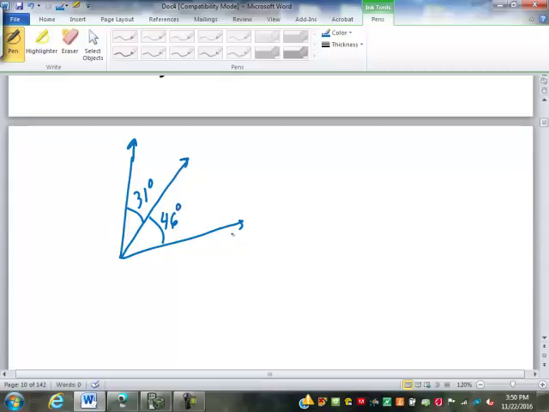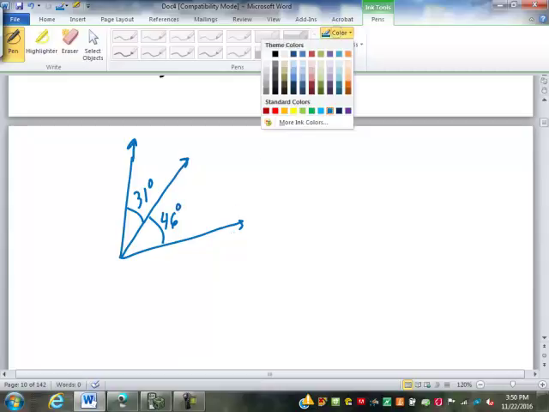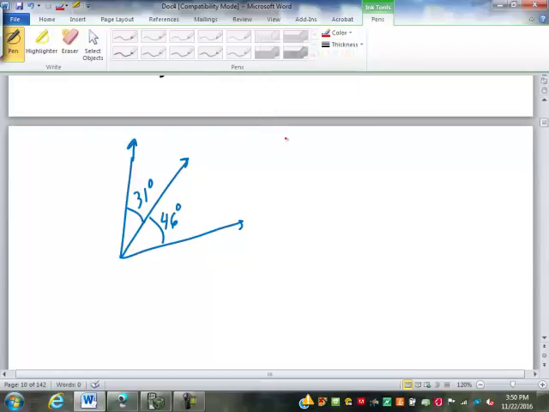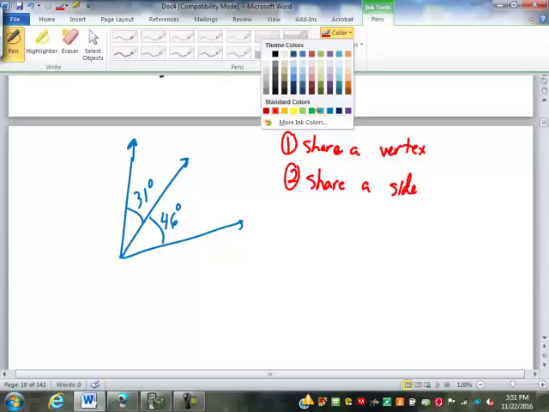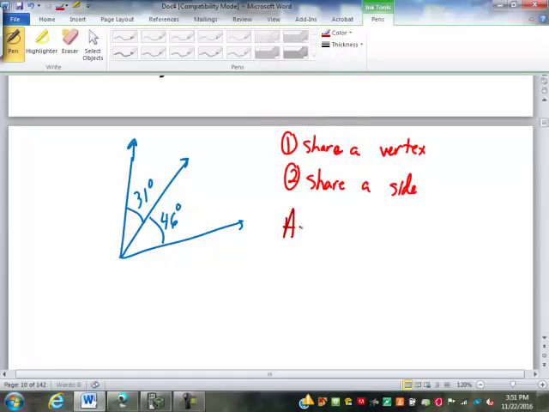Let's say that angle is 46 degrees. These two angles, one, share a common vertex, and two, they share a side. So that makes them what we call adjacent angles.